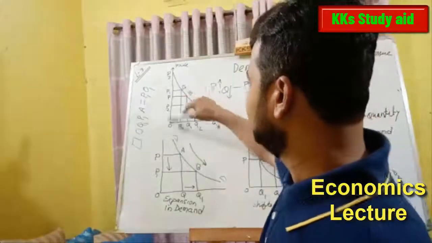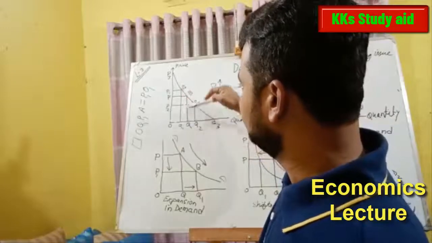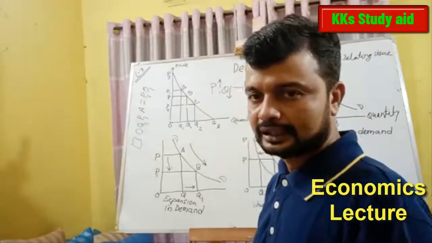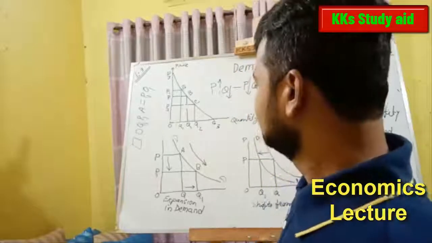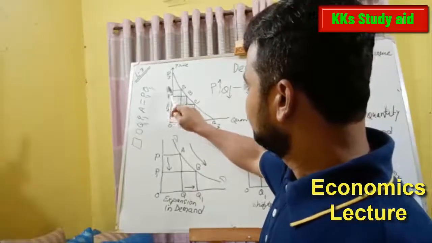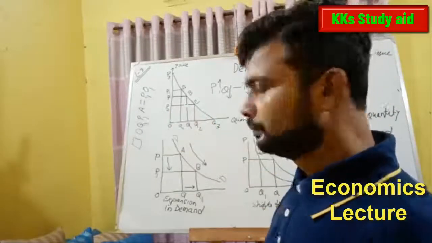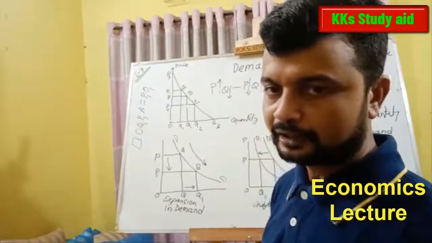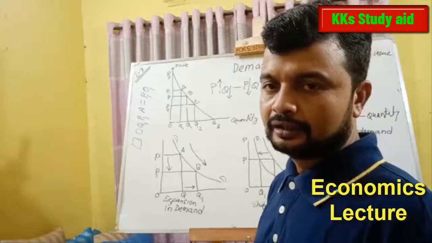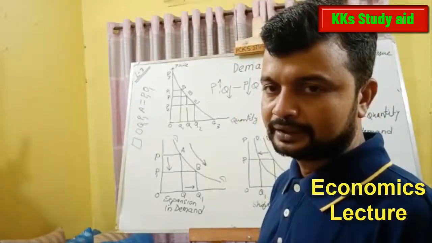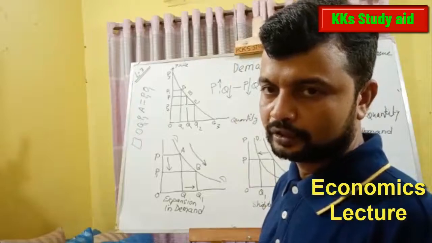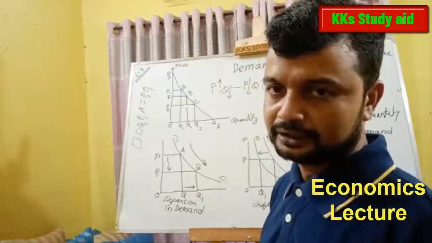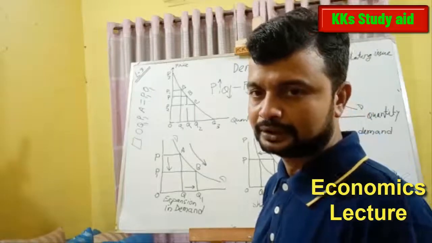Another thing here is that there is a rectangular area under the demand curve. What does it describe? It describes the total expenditure. For example, for price P1, what would be the total expenditure? If P1 is the unit price of the commodity and you purchase Q1 quantity, total expenditure will be P1 × Q1, because if we multiply the quantity purchased by the unit price, we get the total expenditure.